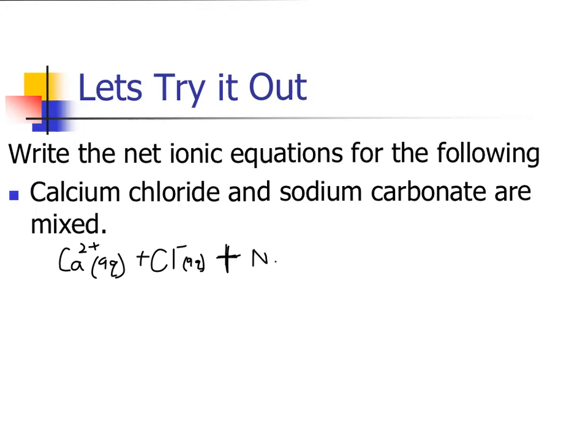And then our sodium ion is also going to be aqueous, and a little plus, becoming then sodium carbonate, and it'll be our carbonate ion with a minus, and is also going to be aqueous.